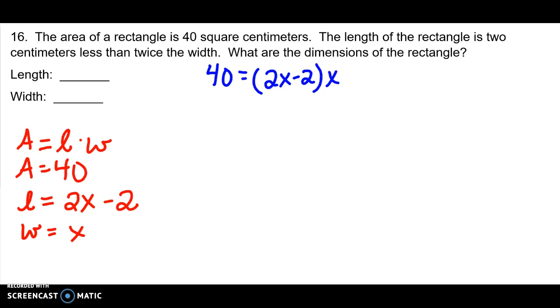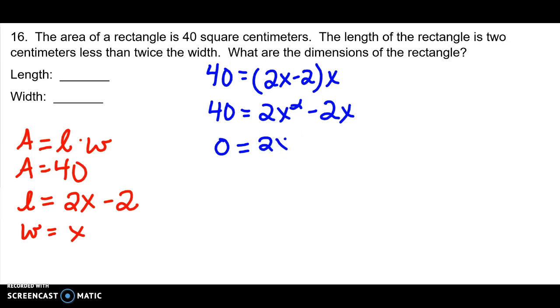So again, we have the obstacle of getting this into standard form. We need to get it equal to 0, but first on the right side, we need to distribute the x. So we have 40 equals 2x squared minus 2x. This time I'm going to put my 0 on the left side so that I only have to move the 40 to the other side.